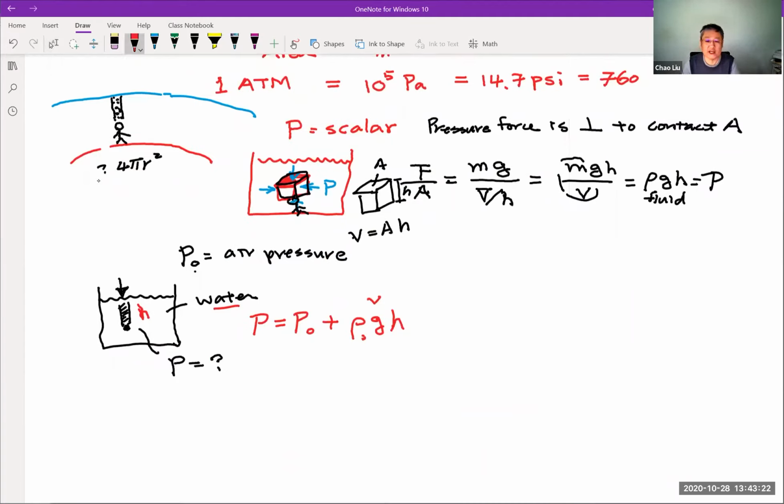Gauge pressure is, if you know, like a tire pressure gauge, if you have that kind of thing, the reading that you get from a tire pressure gauge is a number which is actually not the pressure inside the tire. The equation to relate the actual pressure and the gauge pressure is this.